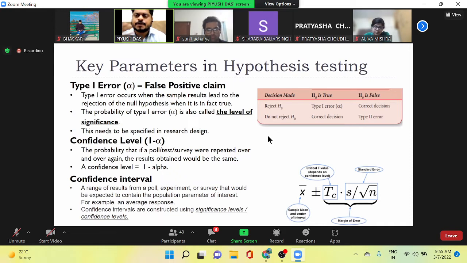This strain did not emerge, right? So what happens actually? H0 is false. H0 is false means what? Actually, in reality, I should be able to find a COVID strain virus in that person, right? So that means my null hypothesis is actually false, right?